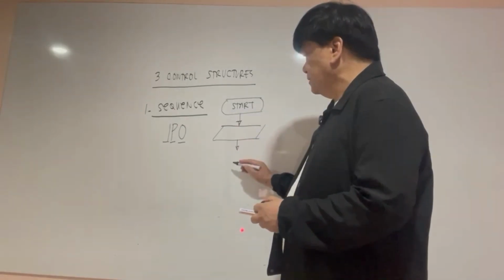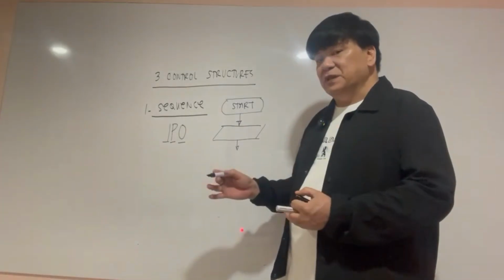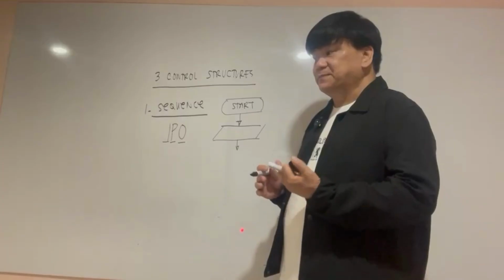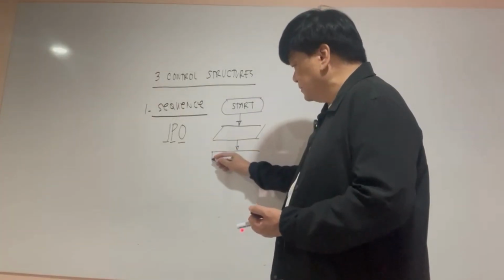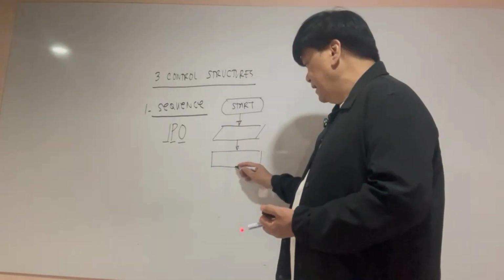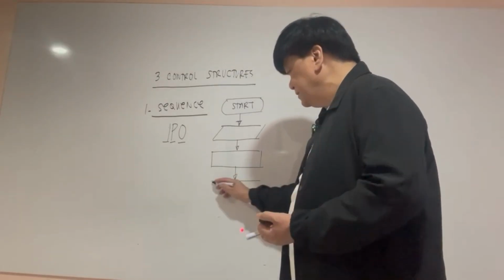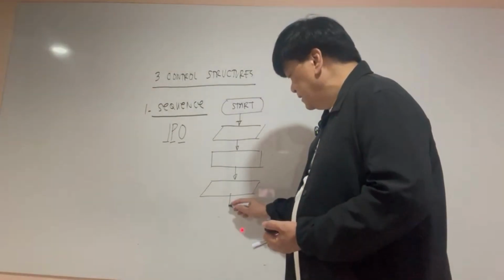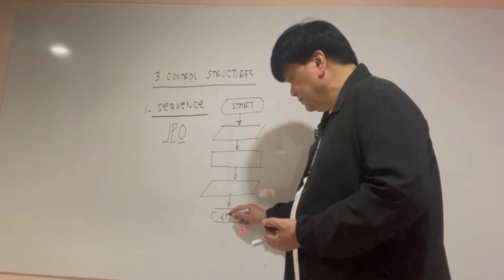Whatever is the process, usually the formula, what is being computed, is represented by the rectangle symbol. And whatever is the output will be placed in a parallelogram for the output.